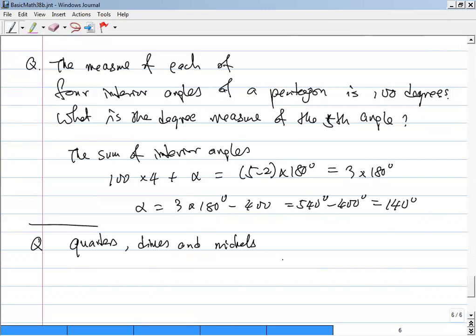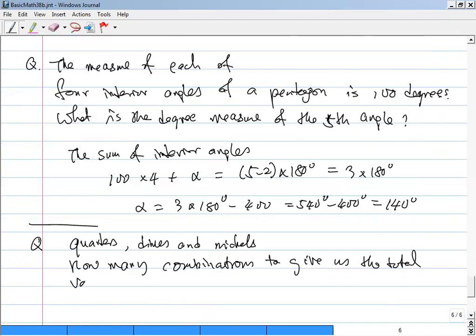How many combinations together give us a total value of 45 cents? That one was 7 or 8.